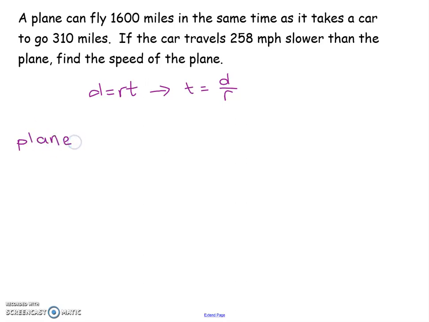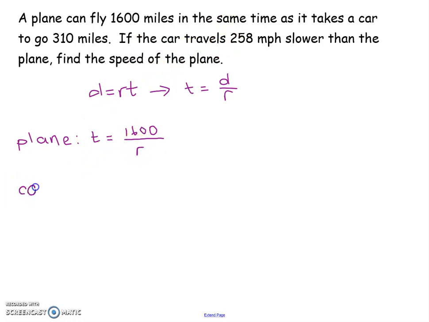So for the plane, the plane's time is going to be equal to its distance, and the plane flies 1,600 miles, over its rate. Now, if we notice, we don't really have that much information about the rate of the plane. It tells us that the car travels 258 miles per hour slower than the plane, so that means the plane we're just going to call r for right now.